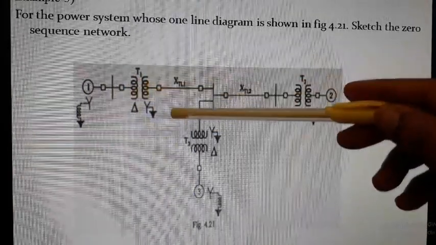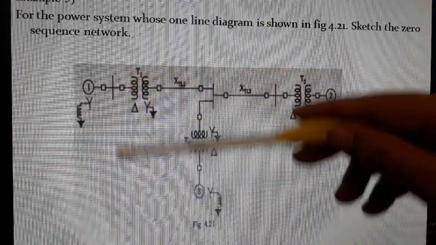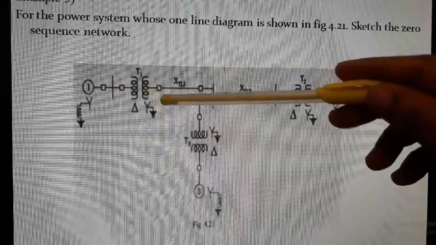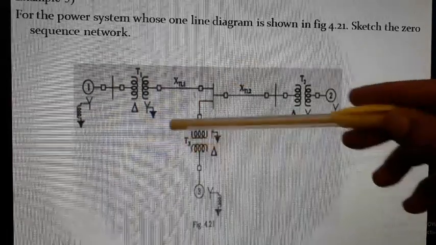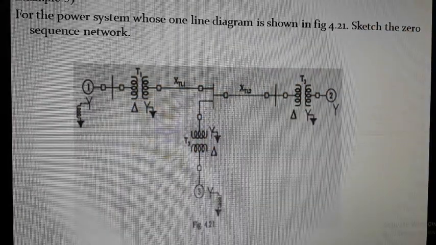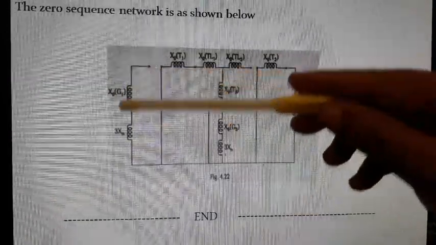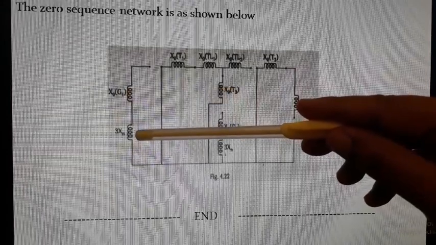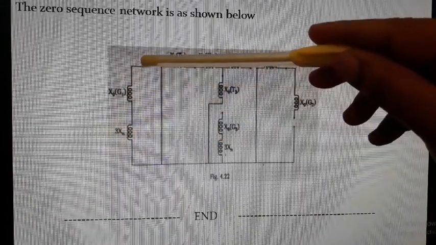And then delta star grounded means the delta shunt switch is closed, but on the secondary side the series switch is closed, no shunt switch. But there is an open circuit from primary to secondary, so no current will be flowing.